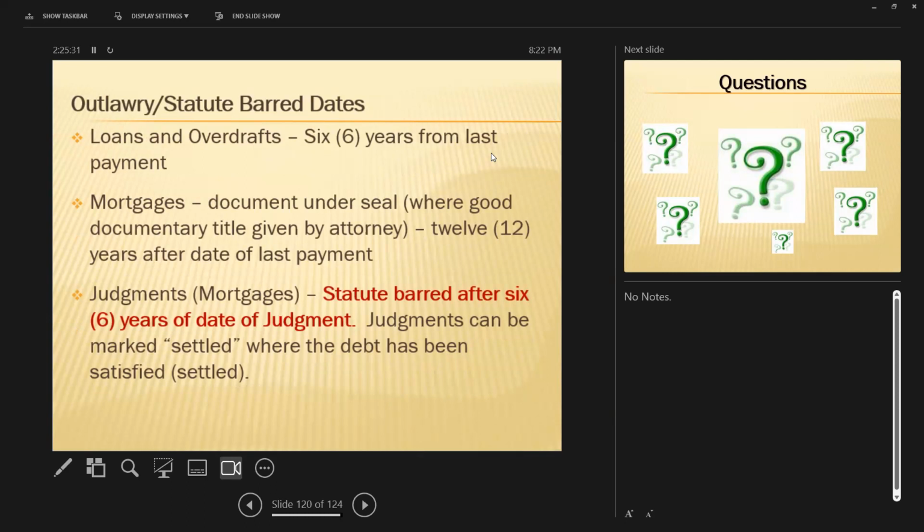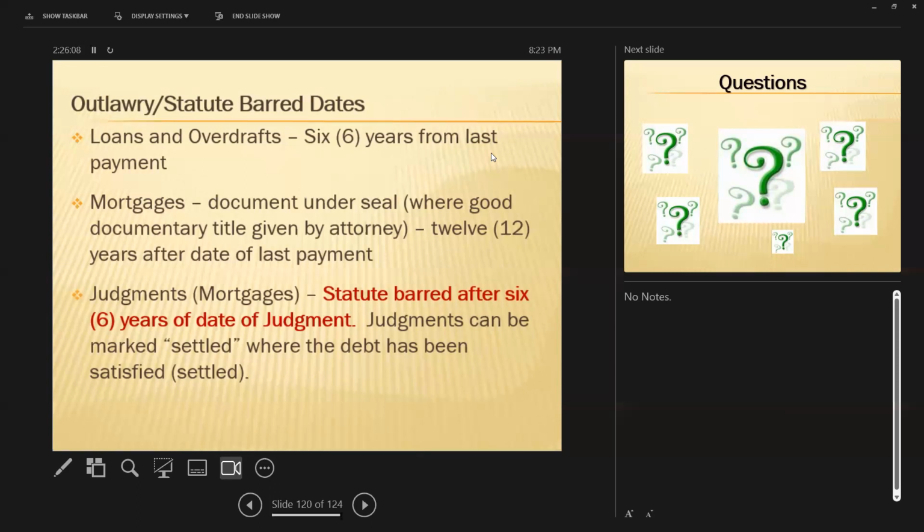Mortgages, where the document is under seal, and where good documented title has been given by attorney, it's 12 years after the date of the last payment. Okay, and then on judgments on mortgages, they are statute barred after 6 years from the date of the judgment.